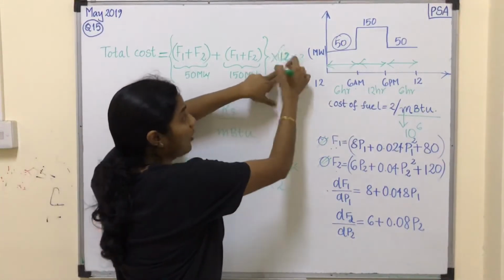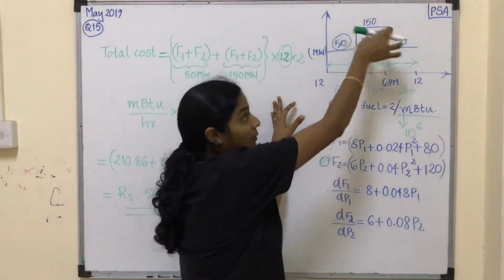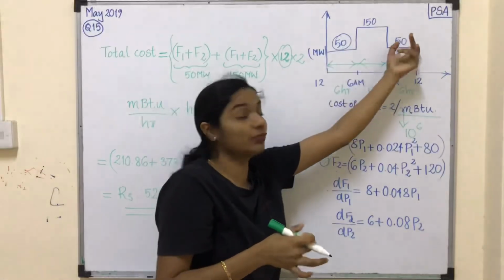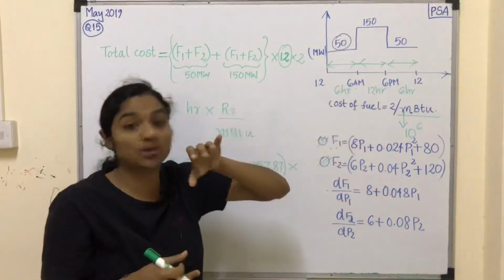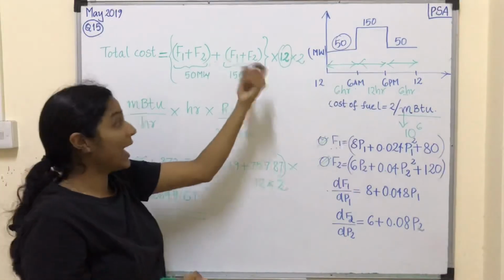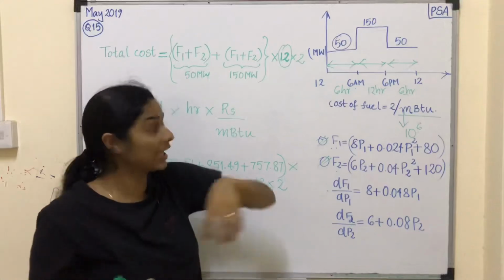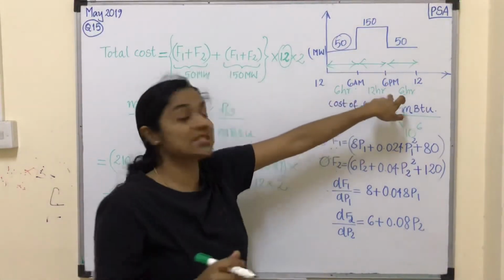And how have we got this 12 hours? If you have noticed, this 50 megawatt of load is applying for a duration of 6 plus 6, that is 12. And 150 megawatt of load is applying for 12 hours directly.